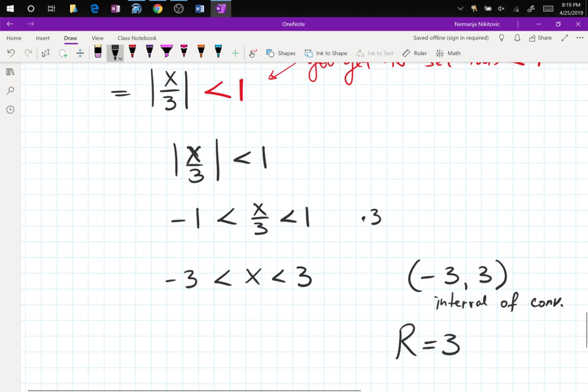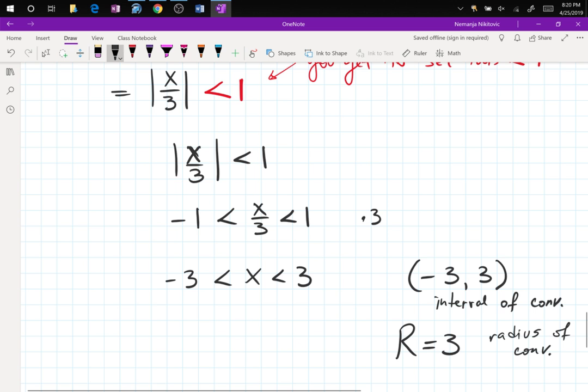And then another concept that we tie to this is the radius of convergence. R equals 3. It's half of the whole thing. Radius of convergence is 3. Are we going to have to put the radius of convergence, or just the interval? They travel in pairs.